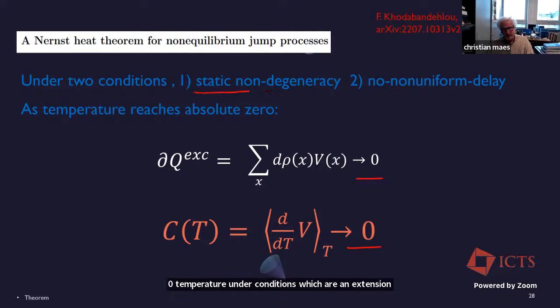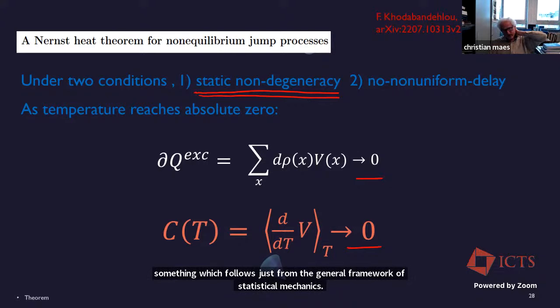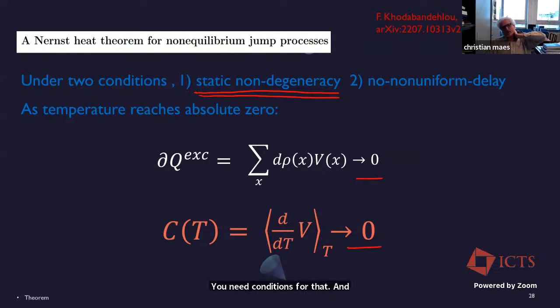So, you know, in equilibrium, the third law is not something which follows just from the general framework of statistical mechanics. You need conditions for that. And basically it amounts to the fact that you should not have residual entropy, or there should not be a lot of disorder at zero temperature. So you can say it's like a non-degeneracy condition. It suffices for having a third law of thermodynamics.